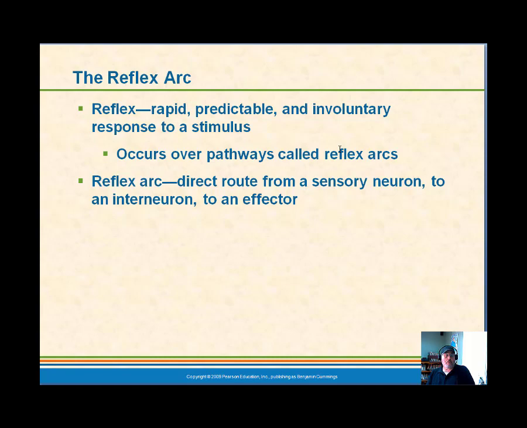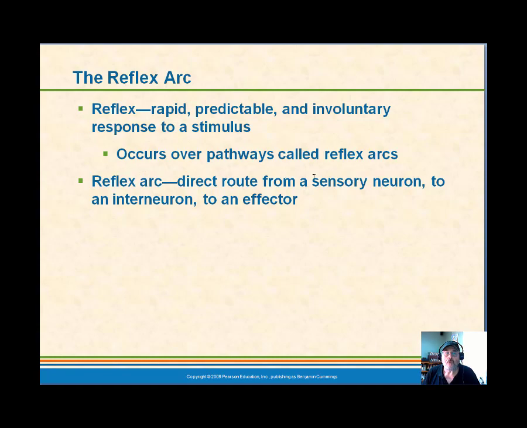The reason it needs to be rapid is, again, protective. Predictable, you can initiate a reflex by just providing the appropriate stimulus. And involuntary, I cannot in any way stop my reflex actions from occurring. If you thwack my knee properly with a rubber hammer, I will kick regardless.